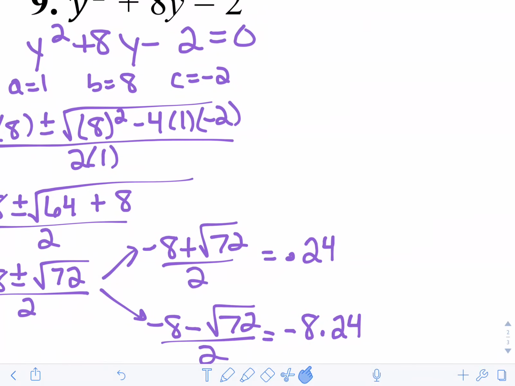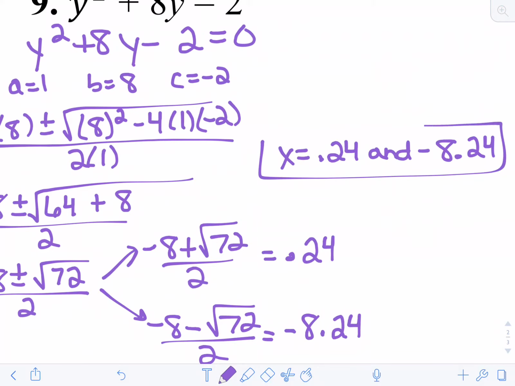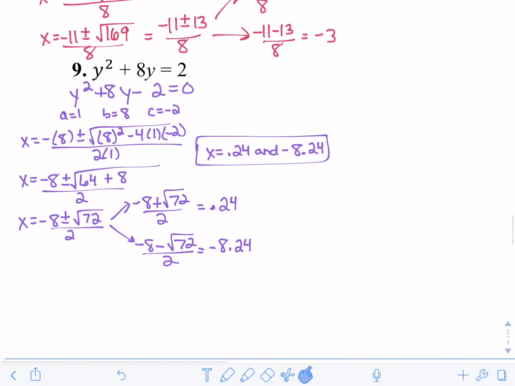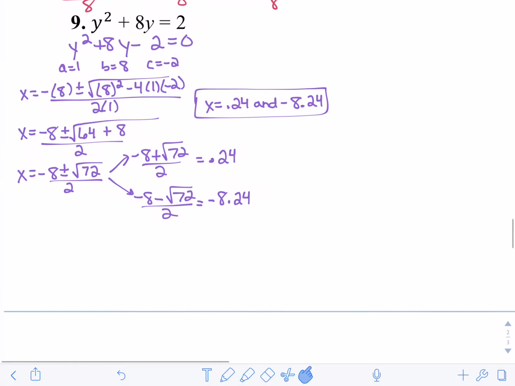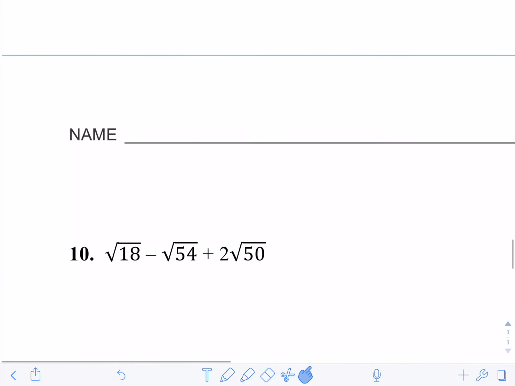So my answer here will be x is equal to 0.24 and negative 8.24. Okay, so that was number 9.